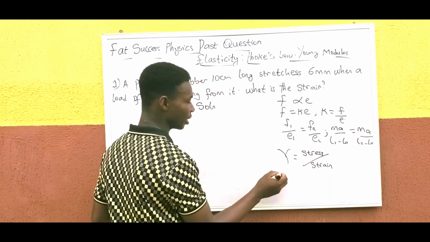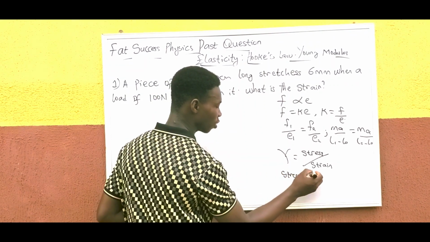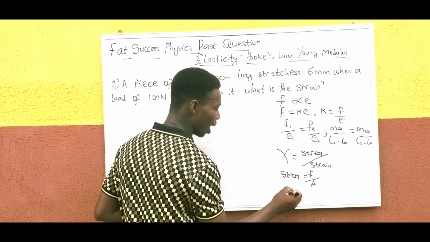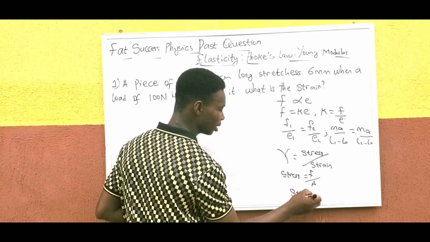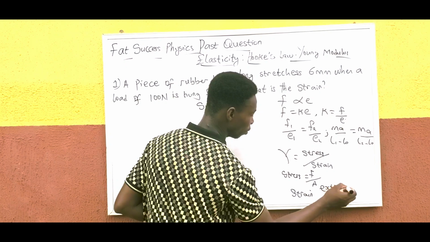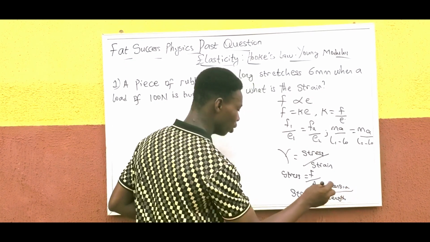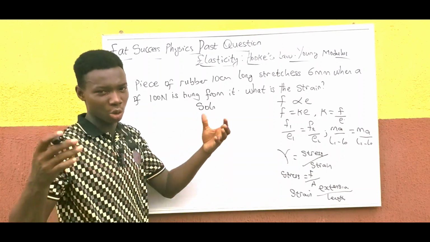The formula for stress is the same thing as force all over area, while the formula for strain is the same thing as extension all over length. So this strain here is what the question asks us to make use of.